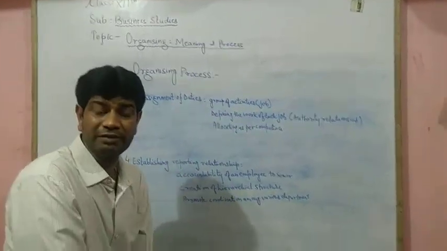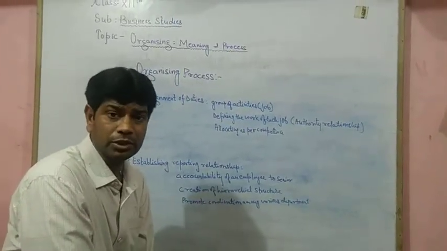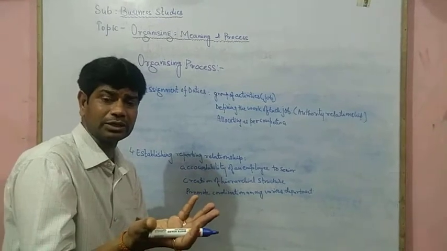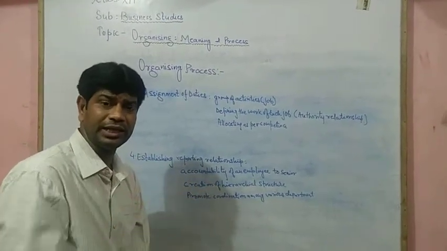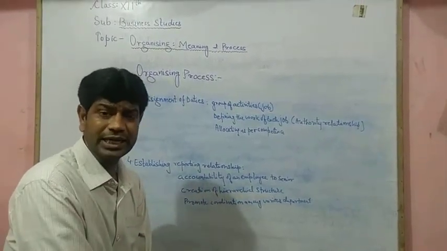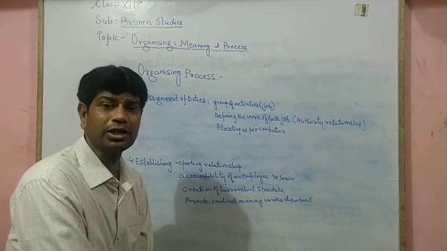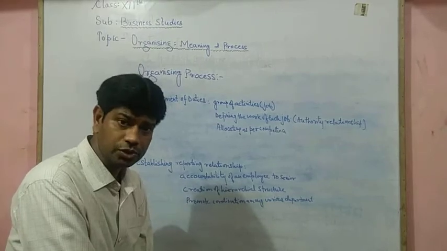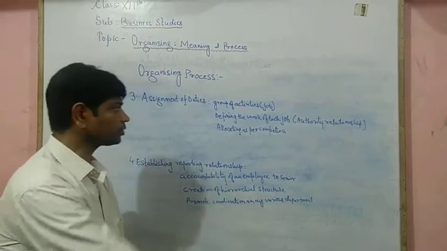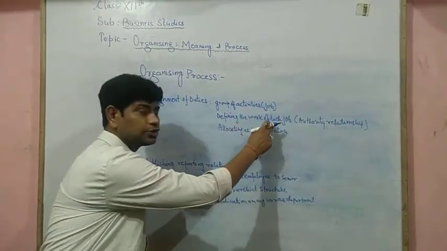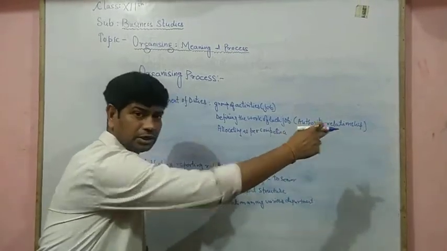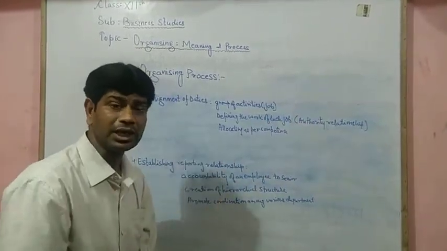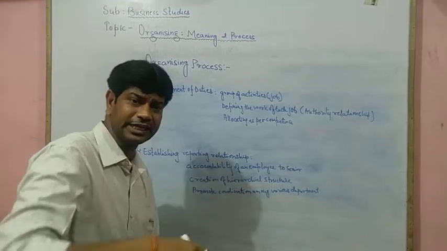What type of work is to be carried out on a particular position? If we have given a marketing manager, what is the work of a marketing manager? We must decide it, and then it is also to be decided what is the necessary authority that he should use to get his work done. So defining the work of each job, that is authority. For doing a work, what should be the necessary authority that he could use?